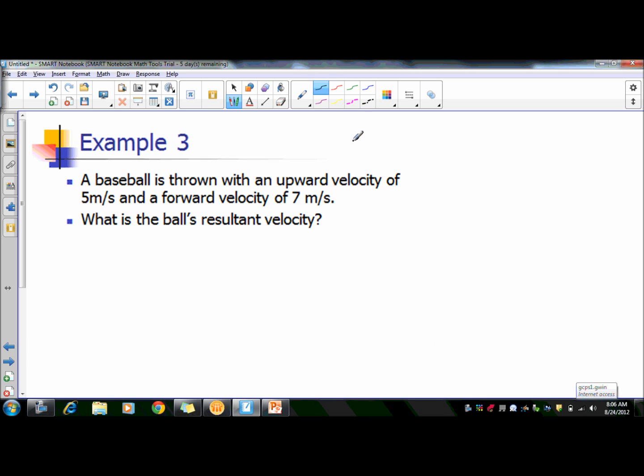All right, let's do another one. So here we have a baseball is thrown with an upward velocity of 5 meters per second and a forward velocity of 7 meters per second. And we're looking for the resultant velocity. The word resultant simply means the vector addition.